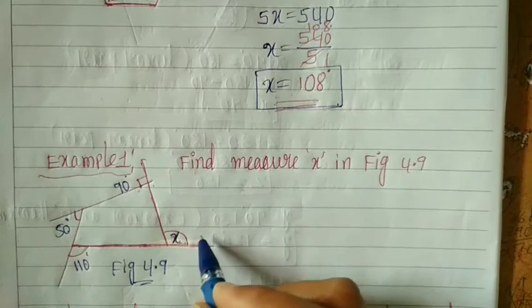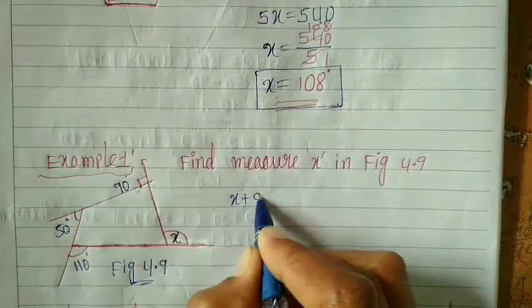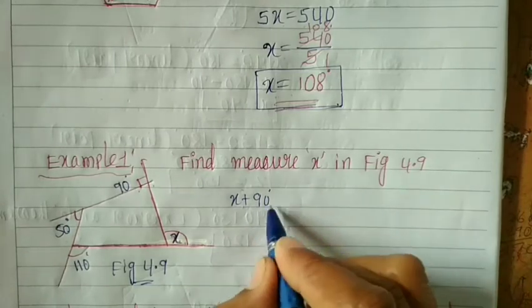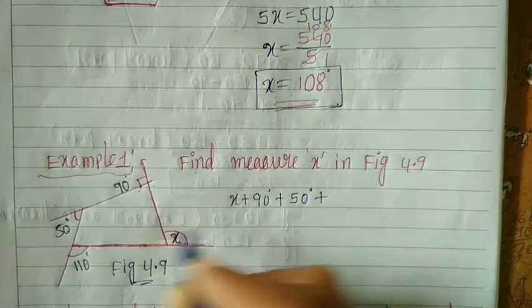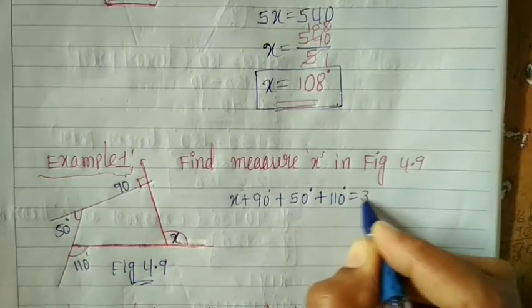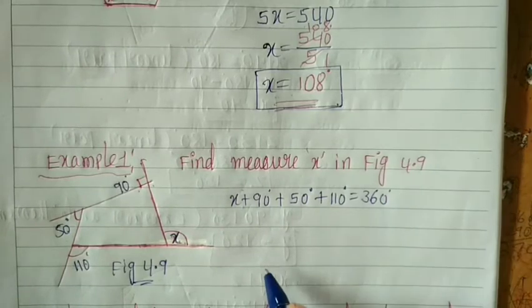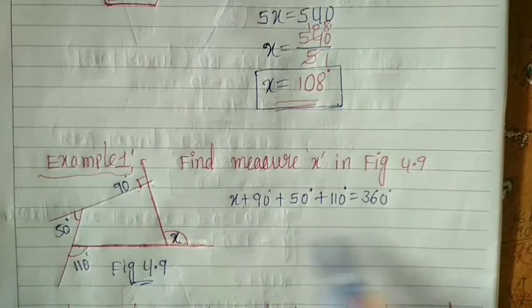So x plus 90 degrees, a right angle, plus 50 degrees plus 110 degrees is equal to 360 degrees. The measure of all interior angles is 360 degrees.